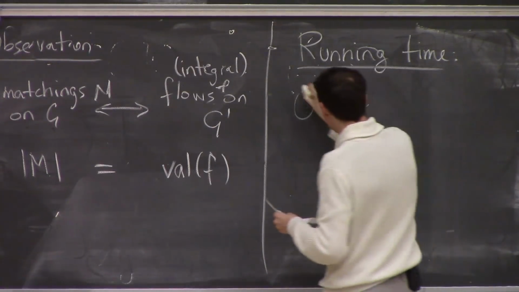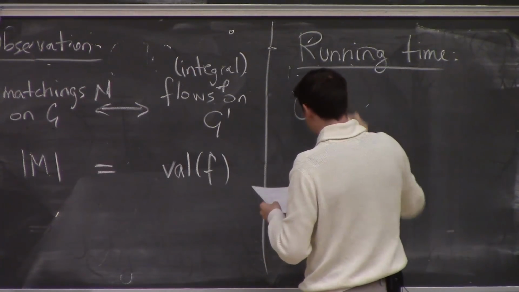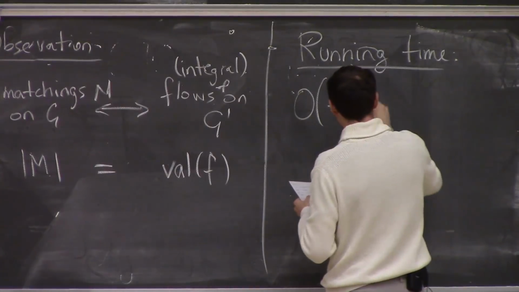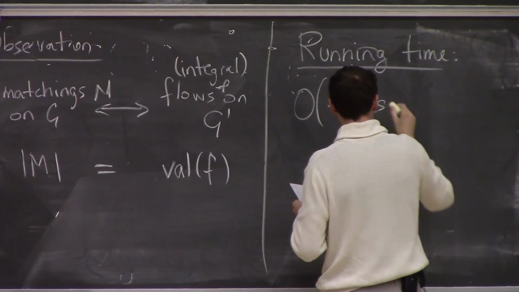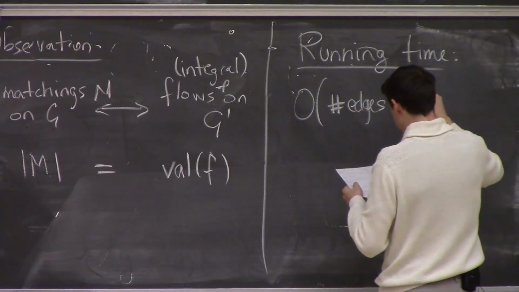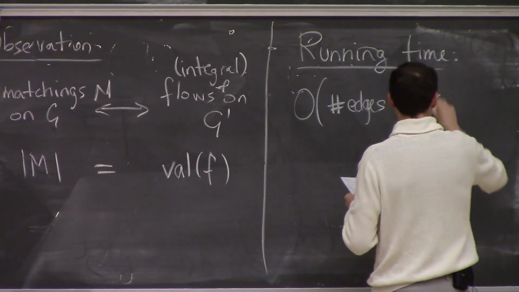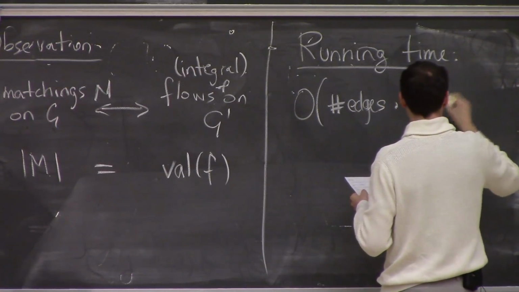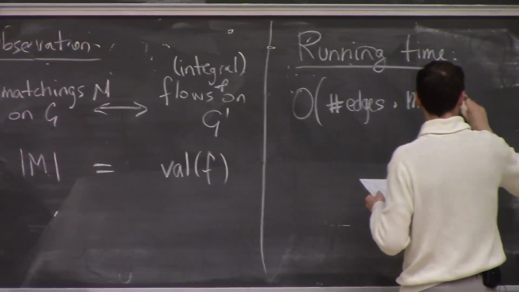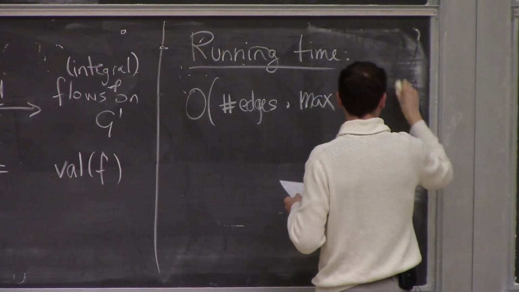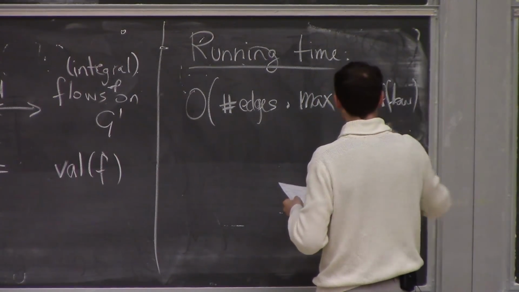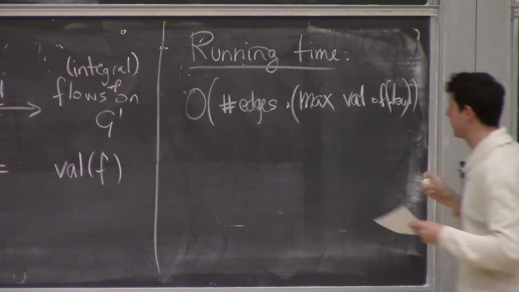So what it costs us is the number of edges times the value of the flow. That's roughly the running time of Ford-Fulkerson.